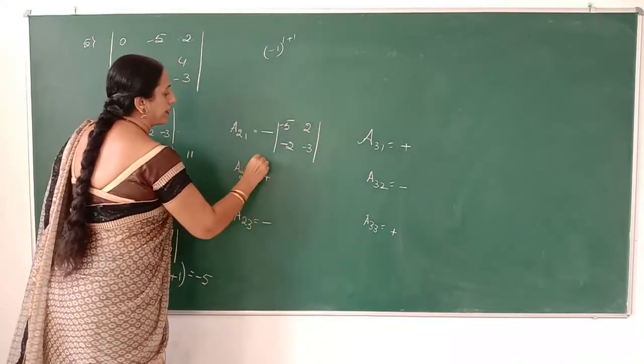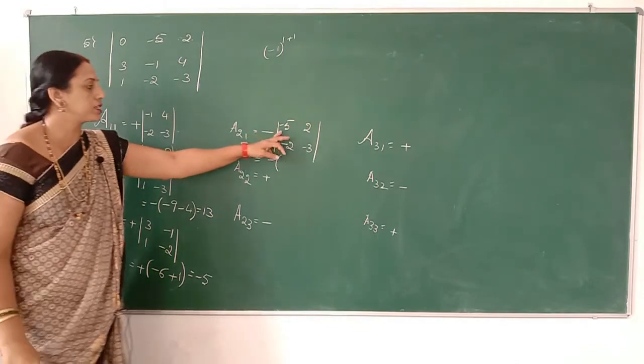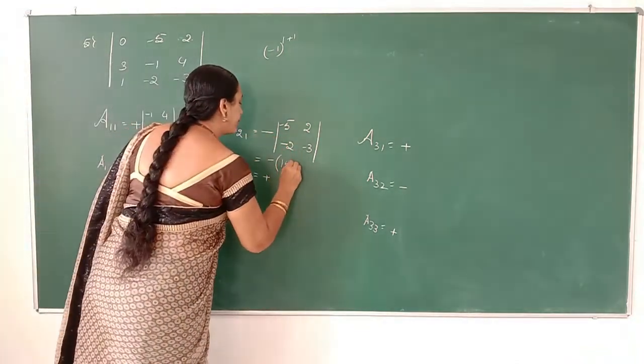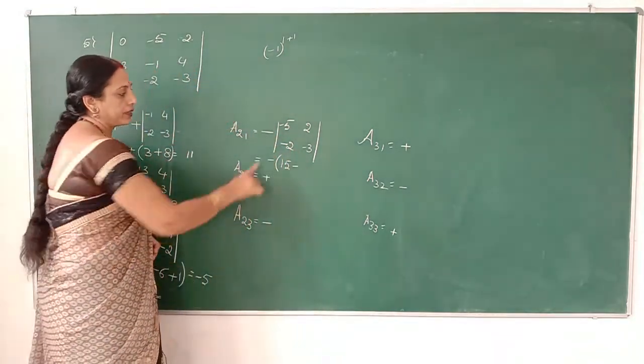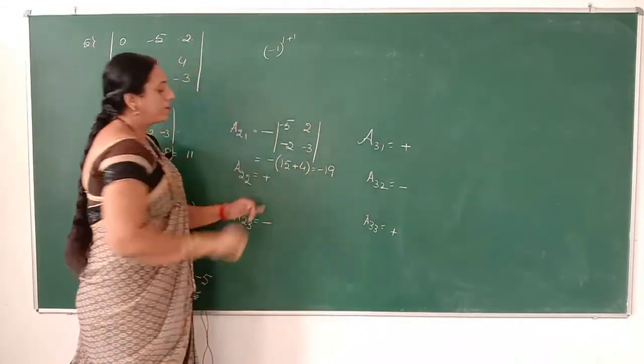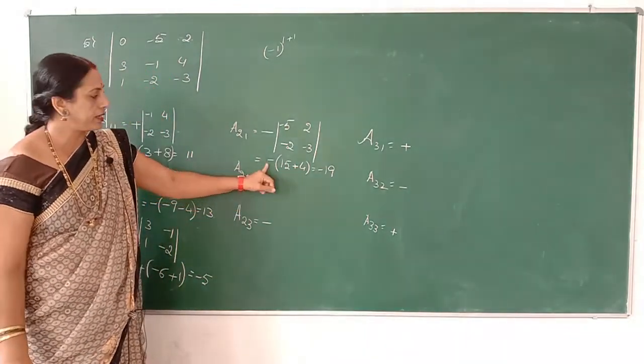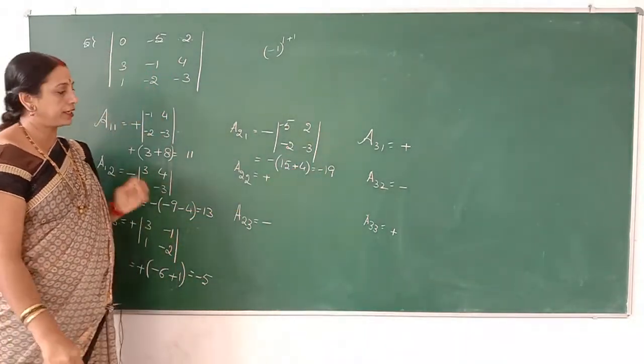These get simplified. Minus of product of left diagonal, minus 5 into minus 3 is 15, minus right diagonal is minus 4, that is minus into minus is plus 4, 15 plus 4 is 19, 19 multiplied by minus will be equal to minus 19.